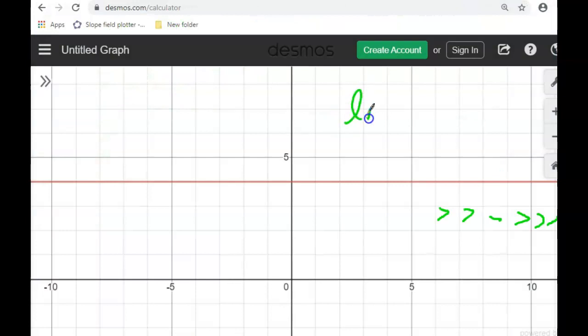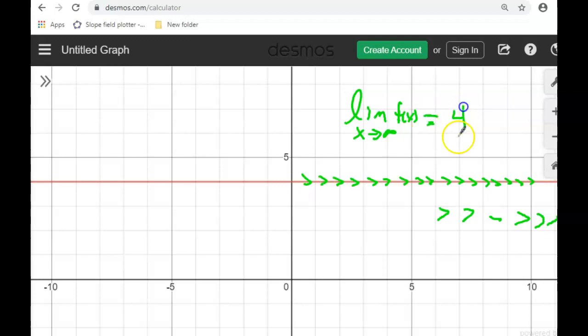What would you say is happening? What is the limit of this function as x goes to infinity? Well, as I go to the right, what do you notice? The y value, does it ever change? It's a flat line. It's always staying at 4. So when you have a flat line, the limit is going to be 4 as x goes to infinity.